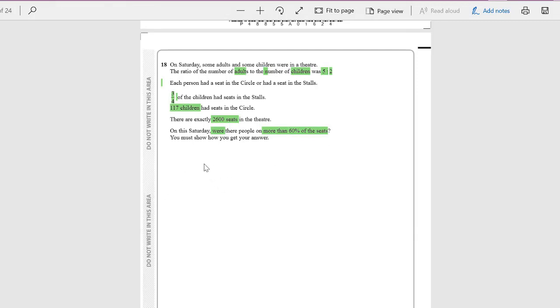So we know that 5 plus 2 gives us 7. So there's 7 parts to this, 5 and 2 from the ratio. So that means 5 over 7 parts were adults, and then 2 over 7 were children. And then we know that 3 over 4 of the children had seats in the stalls.